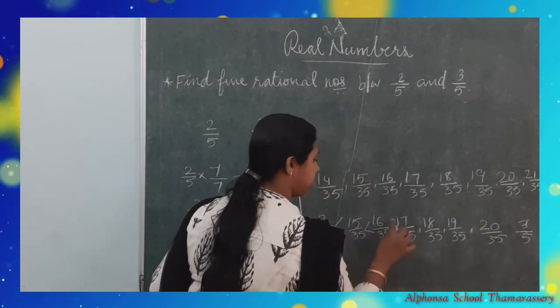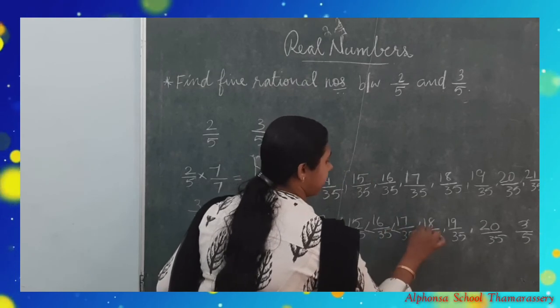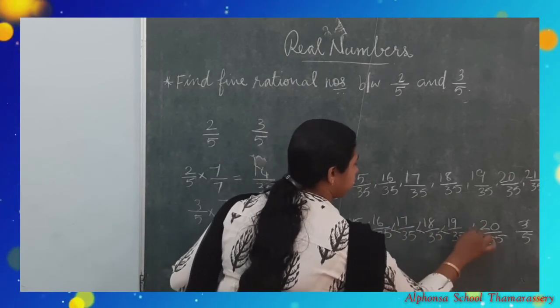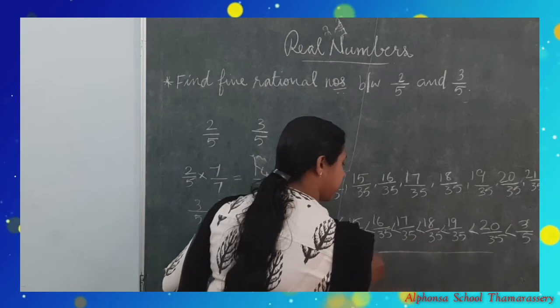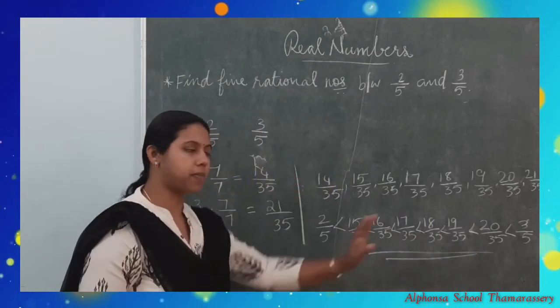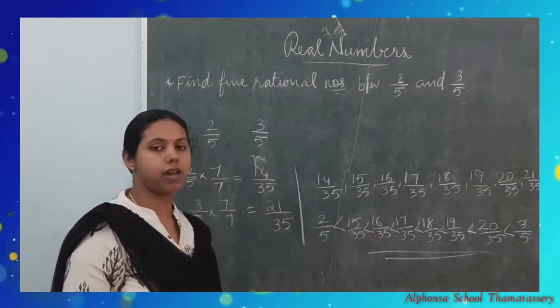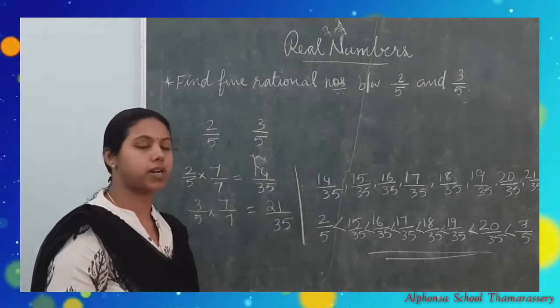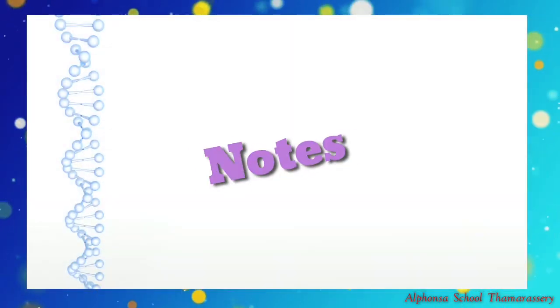You can put the greater sign. So here 6 numbers are there. Choose any 5 rational numbers and write.